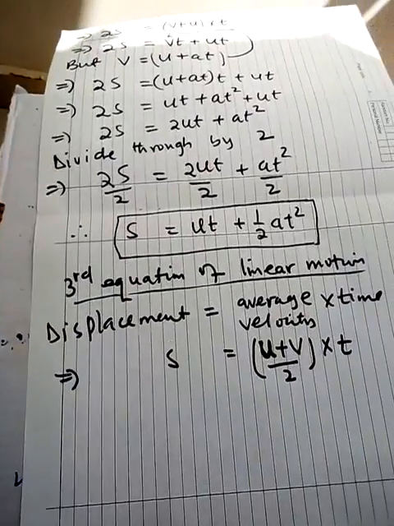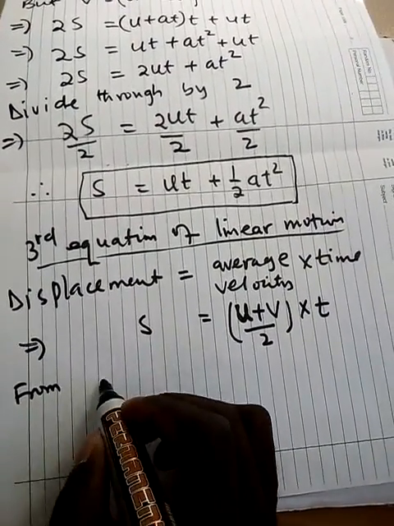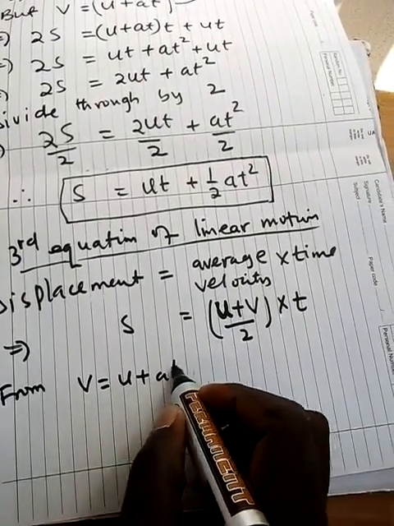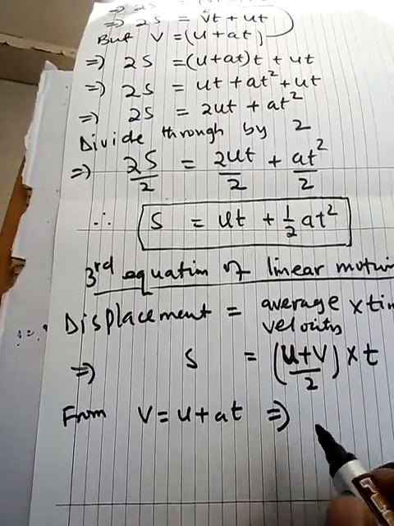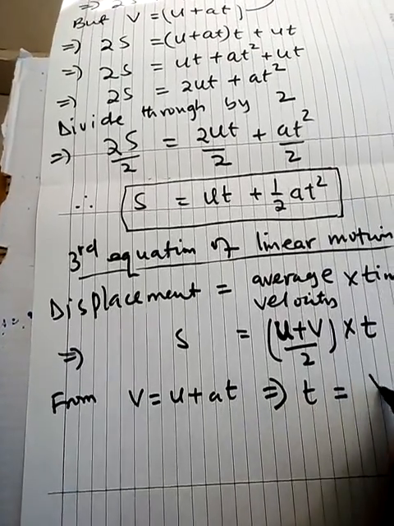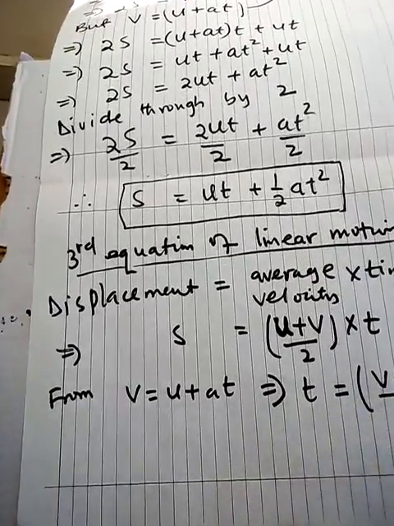This time around, we shall say that v is equal to u plus at. By the way, when you look at it properly, your t will be the same as v minus u divided by a. That is simple mathematics.